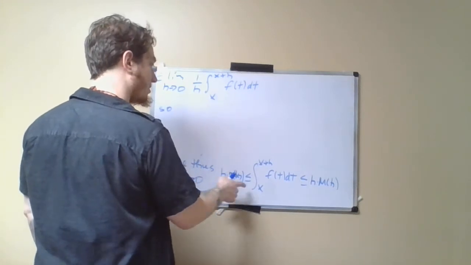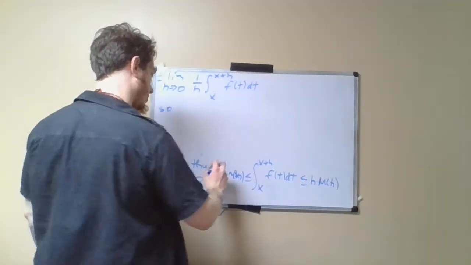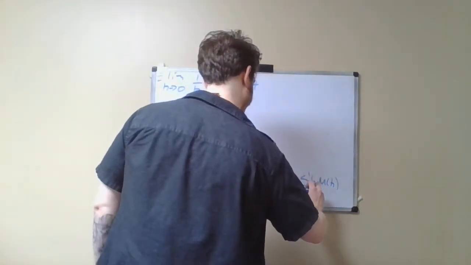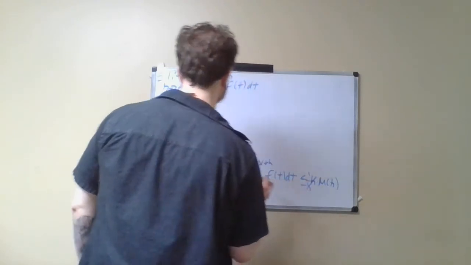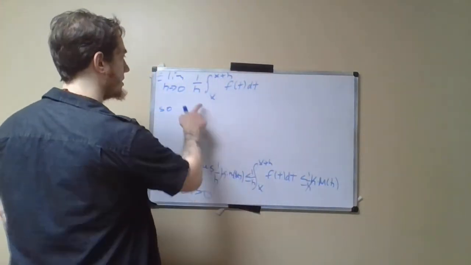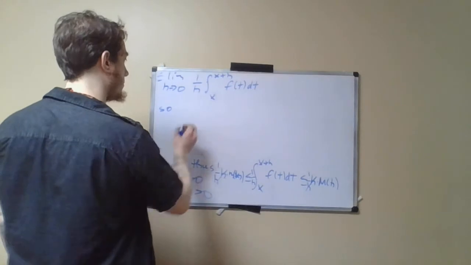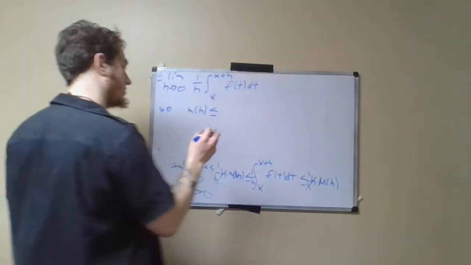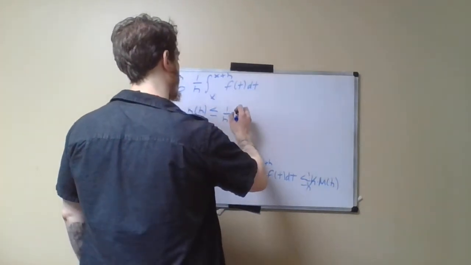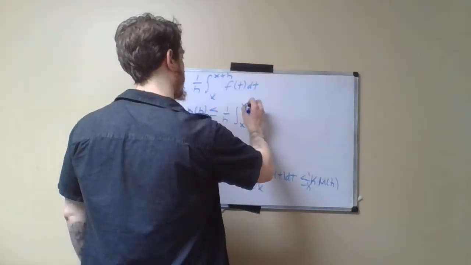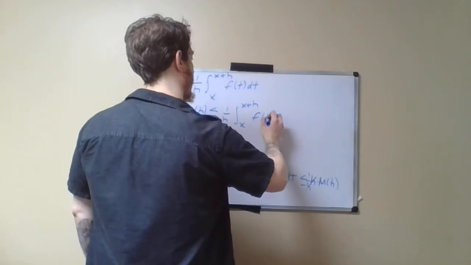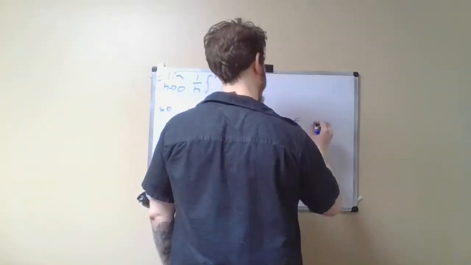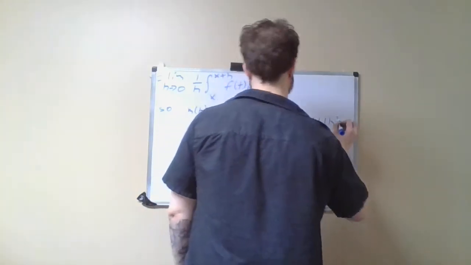if I multiply everything here by 1 over h, the h's cancel, except for the one in the middle, and that's what I've got here. So then what we have is that little m of h is less than or equal to 1 over h times the integral from x up to x plus h, f of t dt, less than or equal to capital M of h.